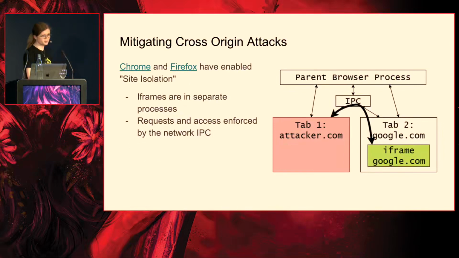So both Chrome and, I believe, Firefox, in one of the most recent major updates, or maybe it's on nightly right now, have implemented a thing called site isolation. And the idea of site isolation is that rather than having our iframe inside of the current process, it's actually going to be in a separate process reserved for that site. So we can no longer directly access that data, and instead we have to go through the IPC. So this kind of solves that problem.